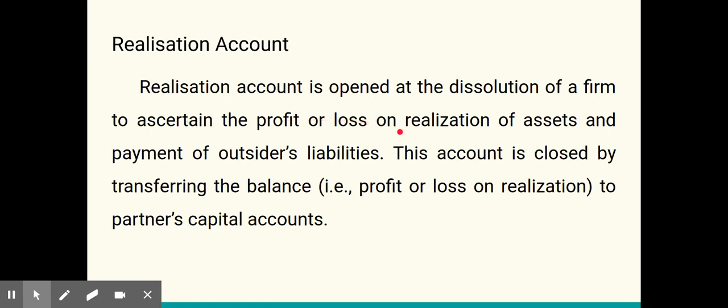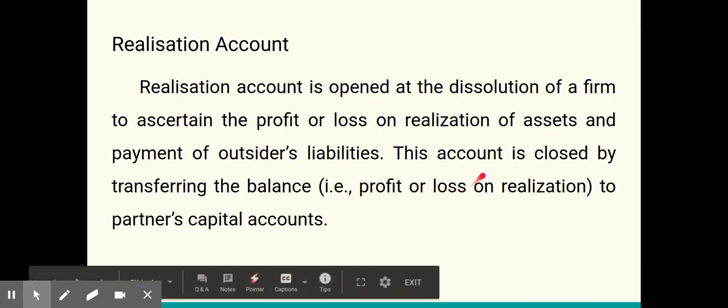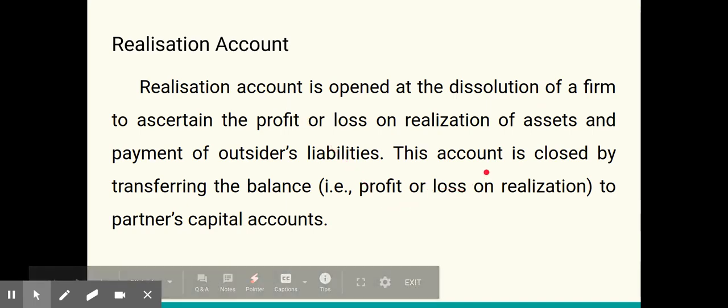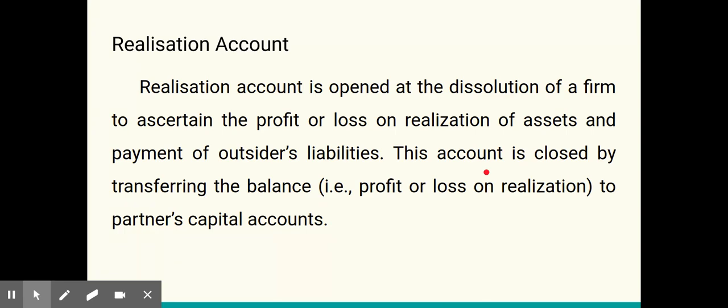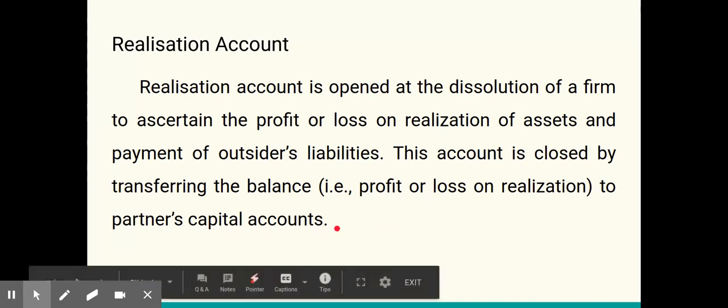When you are selling the assets, there is any profit or loss, and by paying the outsider's liability also we are getting any profit or loss. To ascertain that, the realization account is prepared. Whether we are getting profit or loss on realization of assets and paying of liabilities, that profit or loss should be transferred at last to the partner's capital account.